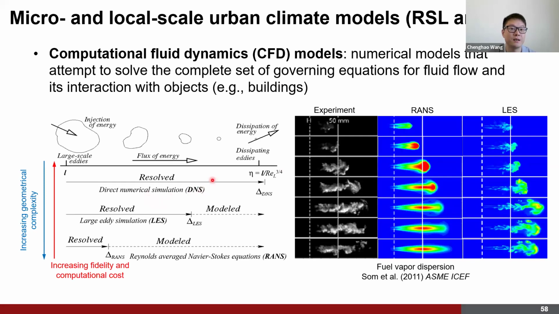So as you can see in these two graphs, as we move from Reynolds to LES or even to DNS, which I'm not showing here, we will be able to resolve finer scale eddies and improve the model fidelity of the reality. But the computational cost is also drastically increasing if we move from Reynolds to DNS. So for reference, Reynolds only simulates the average status of the turbulent flow, as Dr. Lee mentioned in our first two lectures.